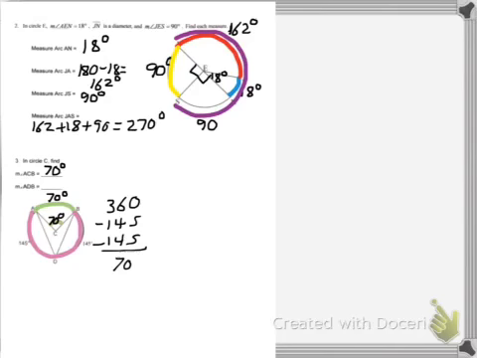In an inscribed angle, this angle right here, remember that's always half as big as the arc angle. So all I need to do is take that 70 degrees and take half of it. So I'd take 1/2 of 70, and that should give me my measure for angle ADB, which is 35 degrees.